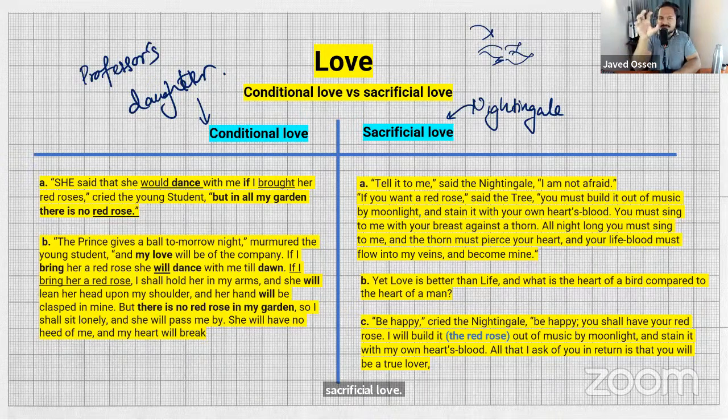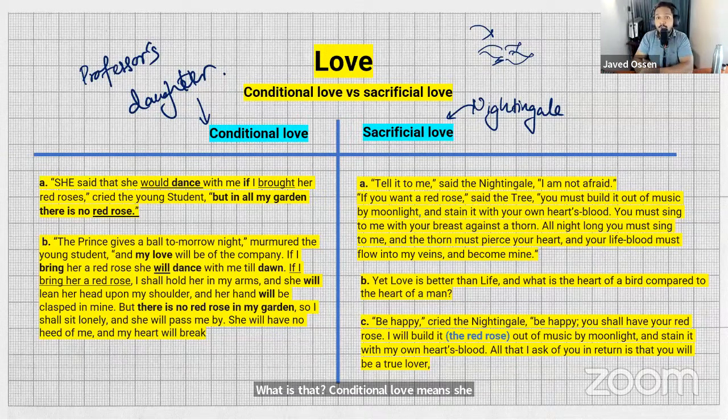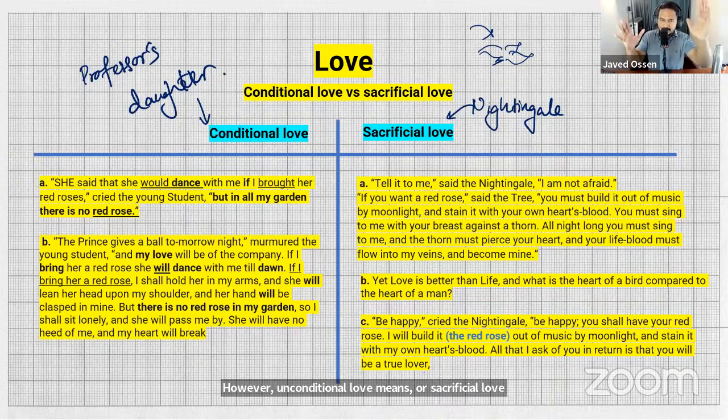She will only love you if you give her things to make her happy. However, sacrificial love means giving up something to make other people happy. In The Nightingale and the Rose, the Nightingale and the professor's daughter are polar opposite characters. They are 100% opposite.